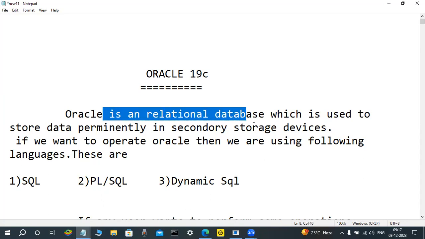Oracle is a relational database which is used to store data permanently in secondary storage devices. You already know secondary storage device means disk.